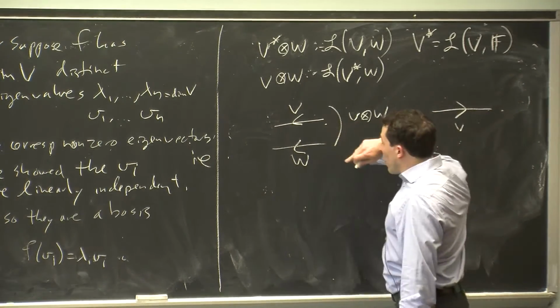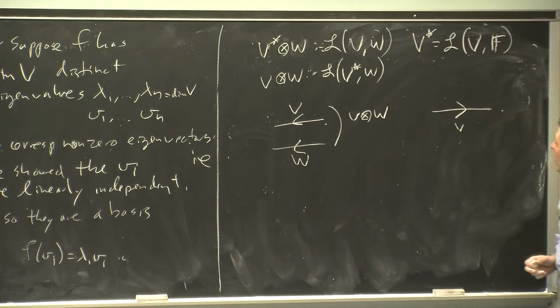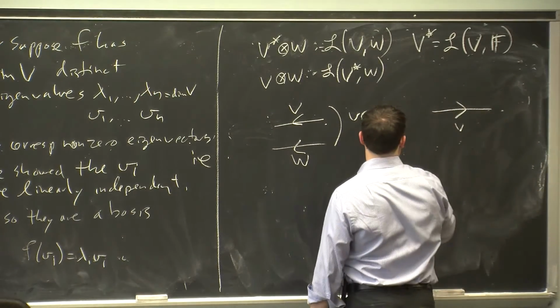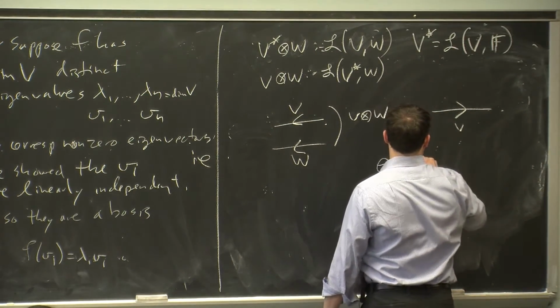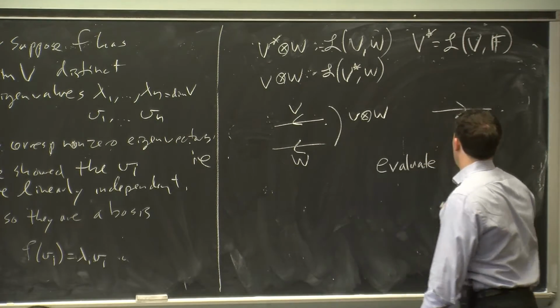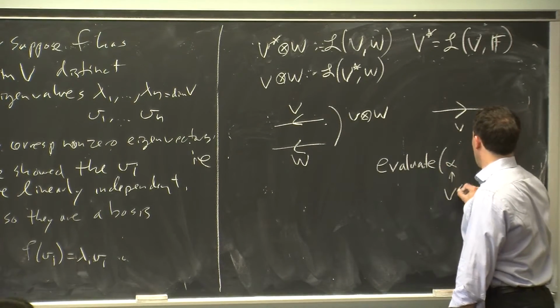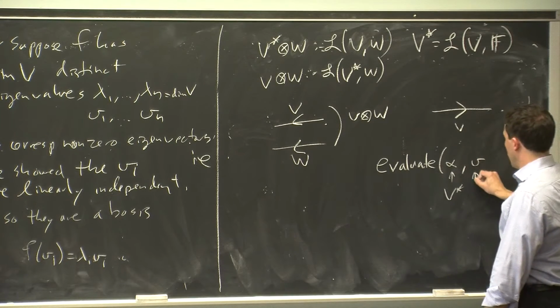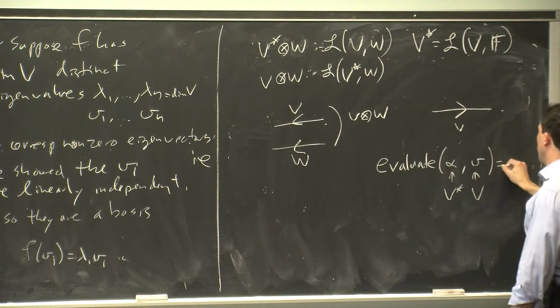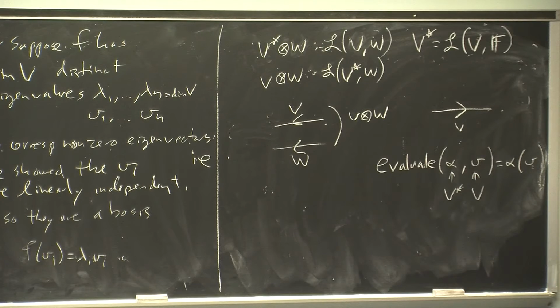So when we were talking about how V and V star are isomorphic, but V and V double star, V double dual, are canonically isomorphic. The reason they're canonically isomorphic is because there's this map, which you could think of as like an evaluate map, which takes an element alpha in V star and an element V in V and spits out alpha of V. Right?